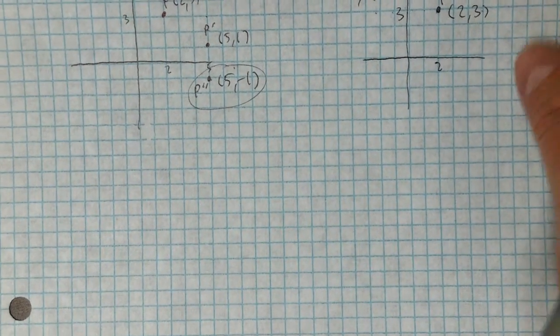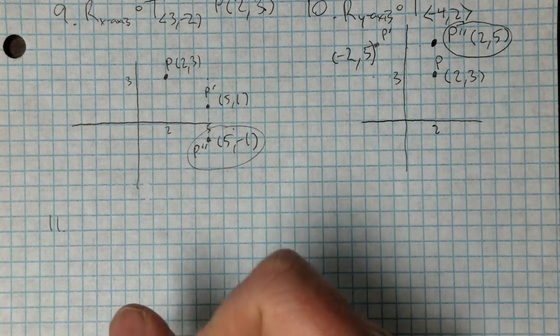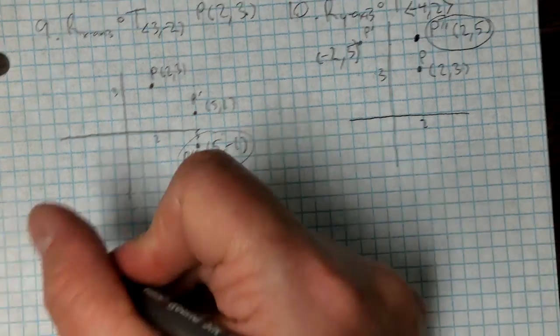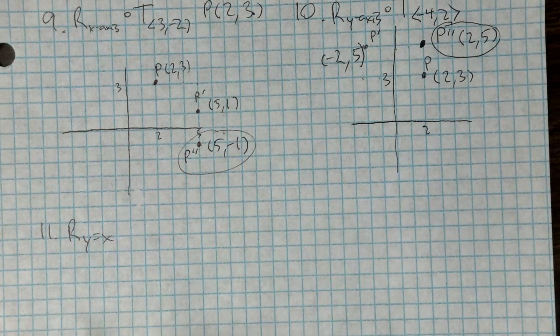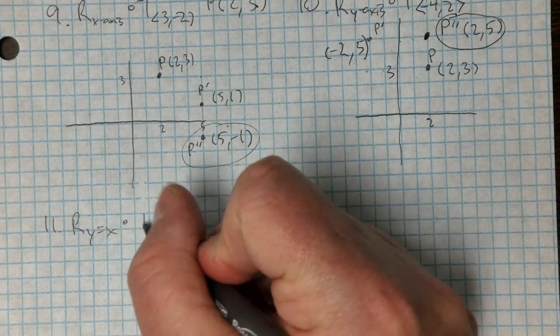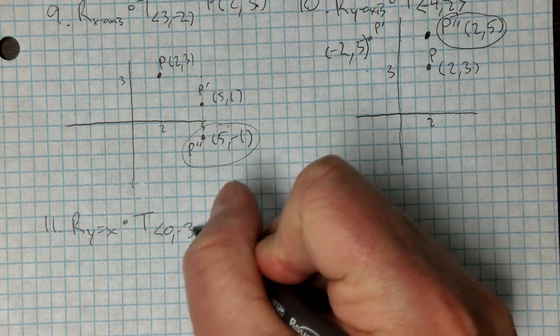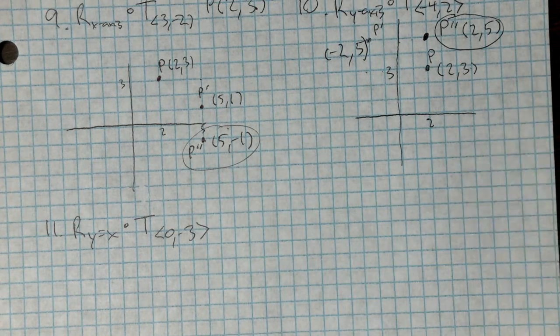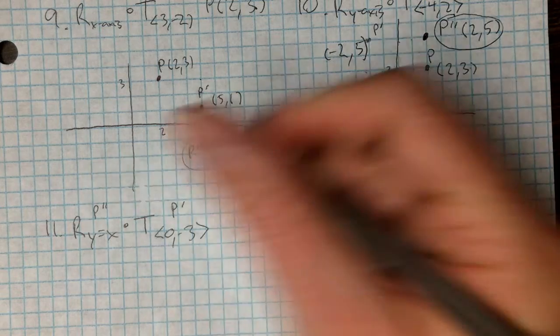Okay, on this one, you're doing reflect y equal x, composed with translate 0, negative 3. So again, this is going to be our P prime, and this is going to be our P double prime.